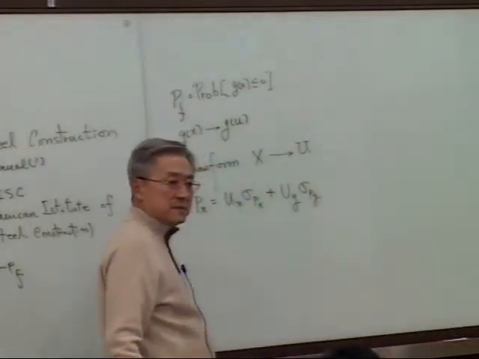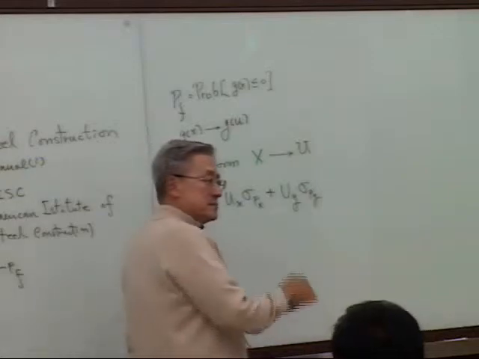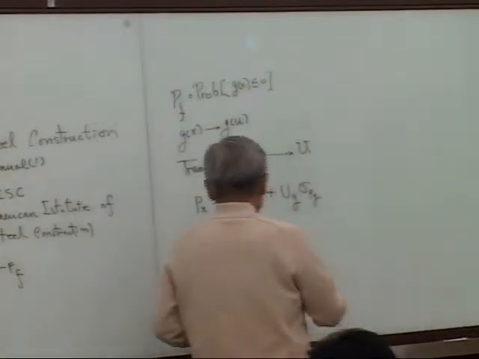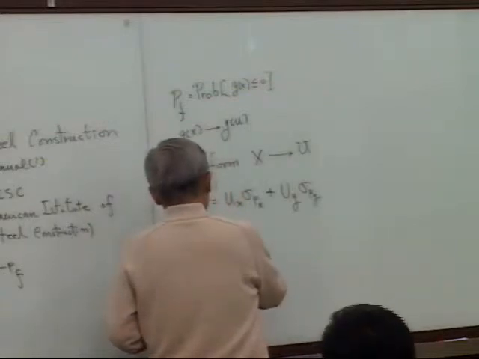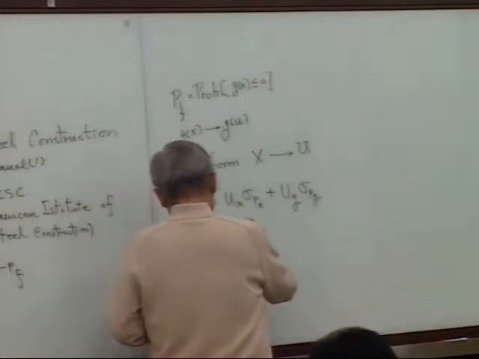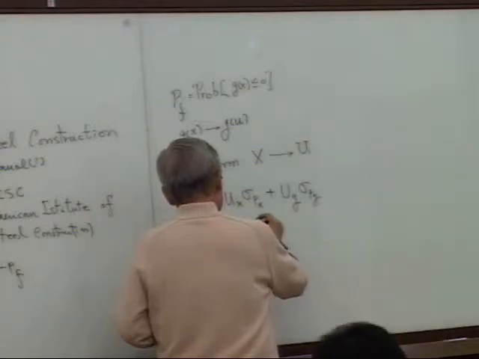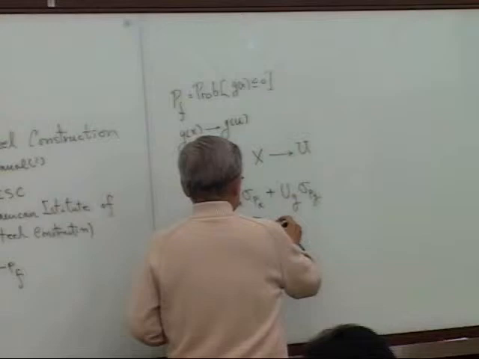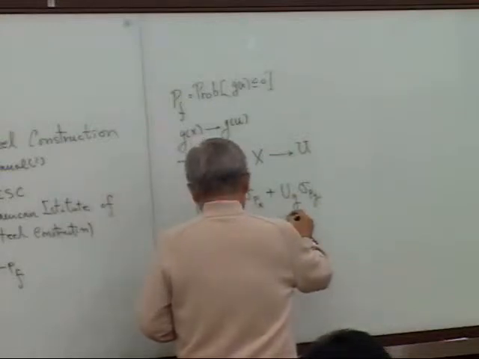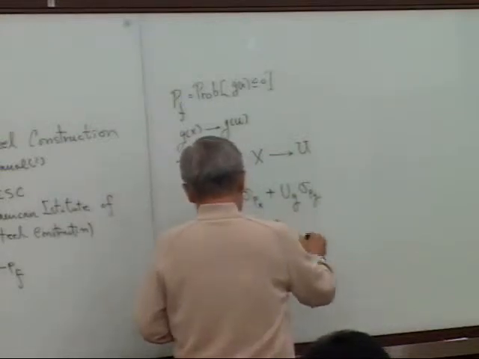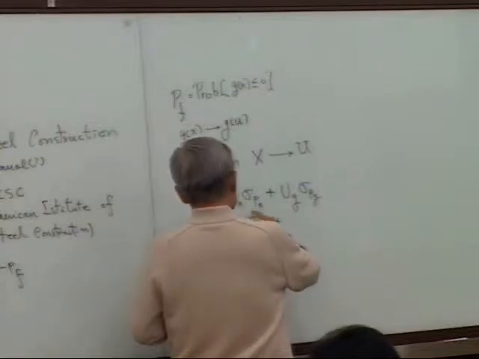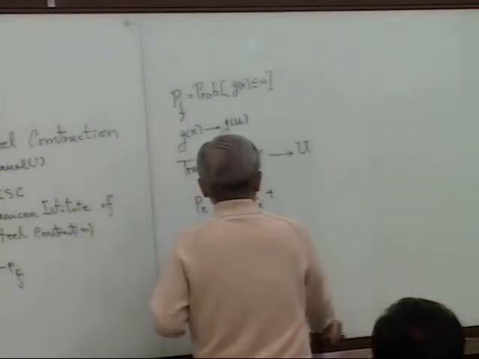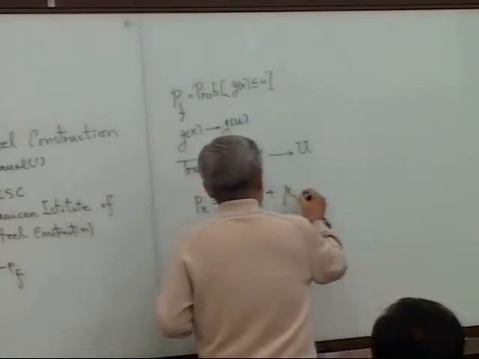Does it ring a bell? X into the U space, and Py is equal to Uy sigma Py plus mu Py. I'm sorry, this is correct. This is one term, the next term is simply this.